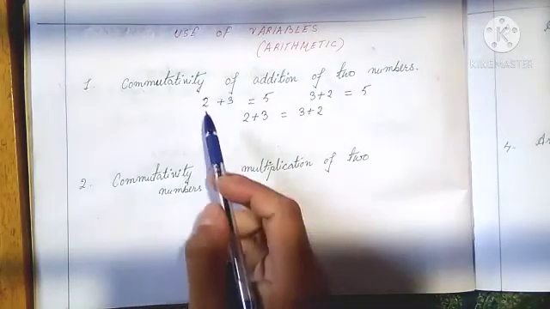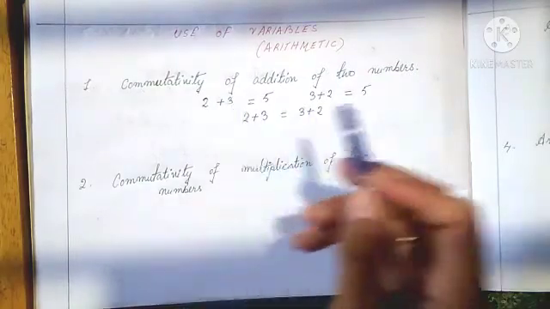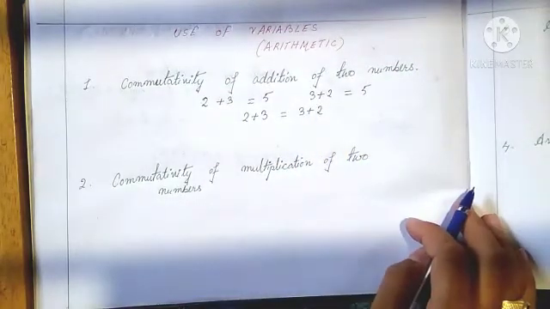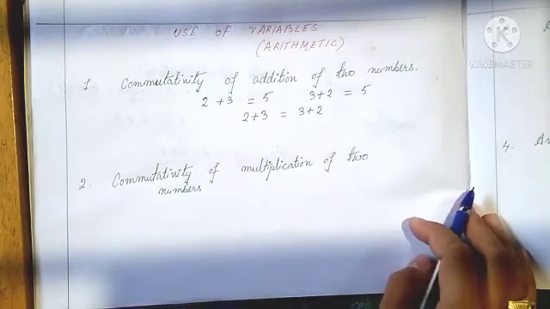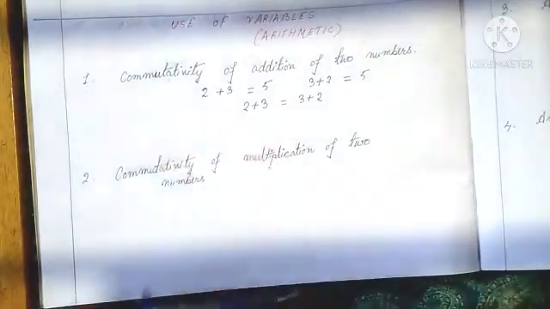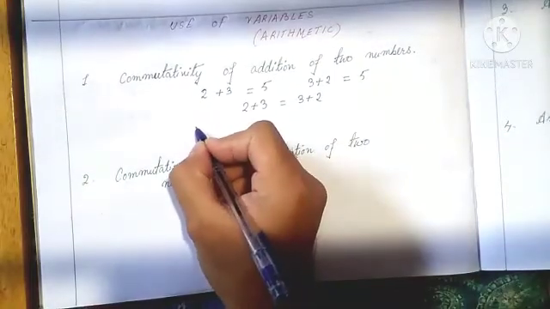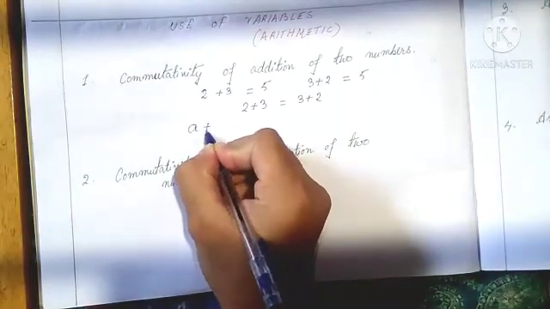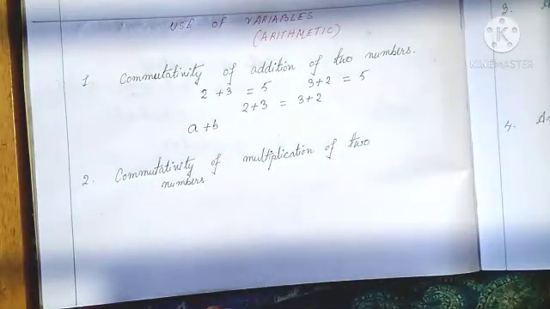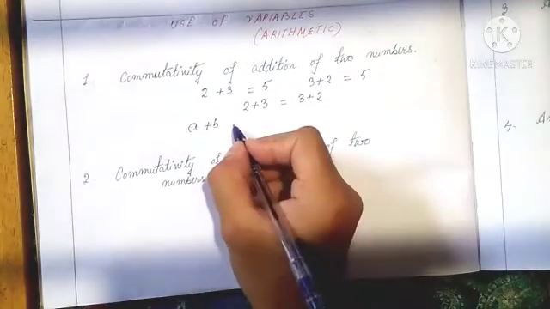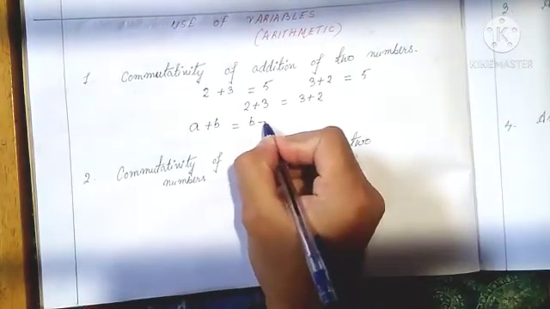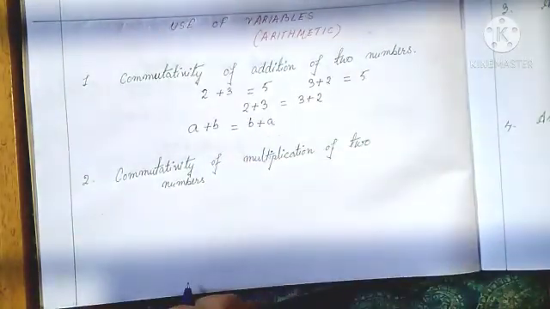So here, instead of using 2 and 3, or another pair like 5 and 7, let's try to use variables. What if we use a plus b? The sum of these two variables, a plus b, will be equal to the sum b plus a.